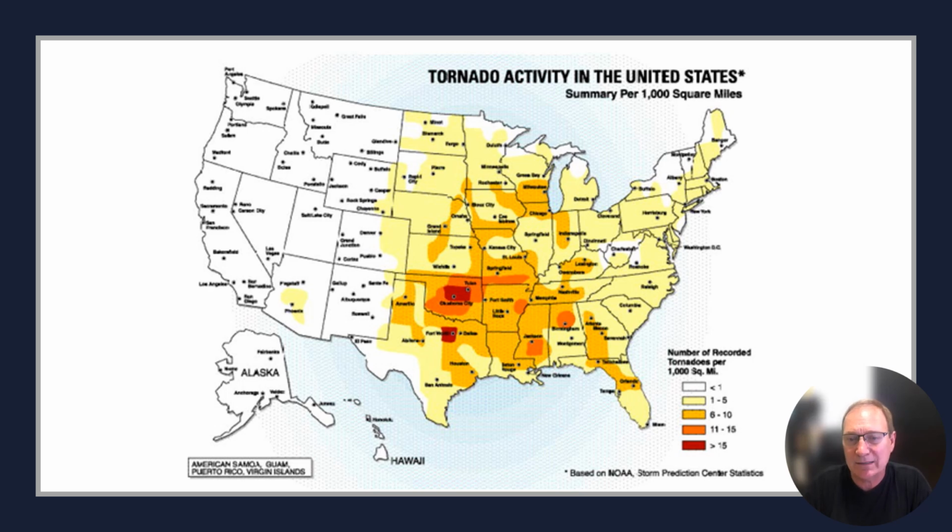And what it really does is helps us hone in on those areas that are at greatest risk for tornado outbreak. Again, it basically tells us everywhere east of the Rocky Mountains has some risk. Areas that are more in what's called the plains of Texas, Oklahoma, Arkansas, Missouri are at greater risk.